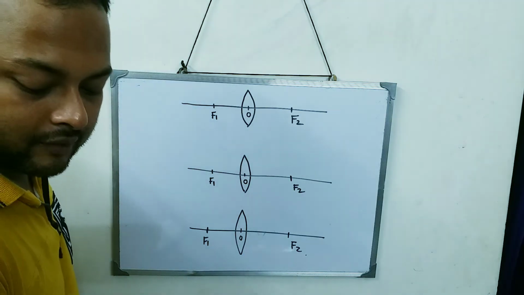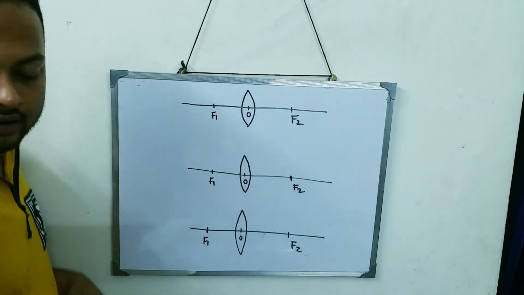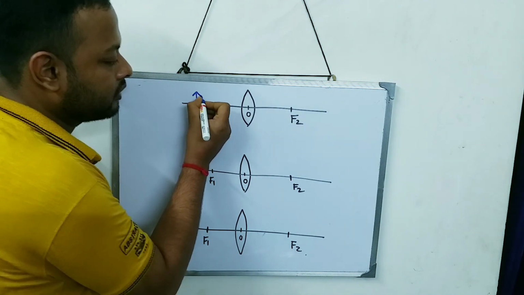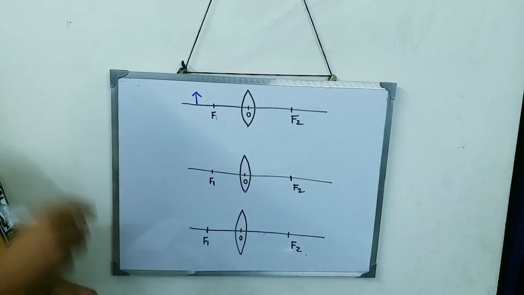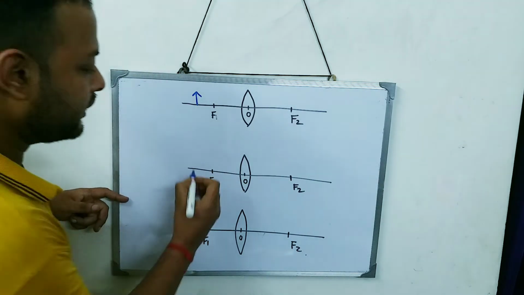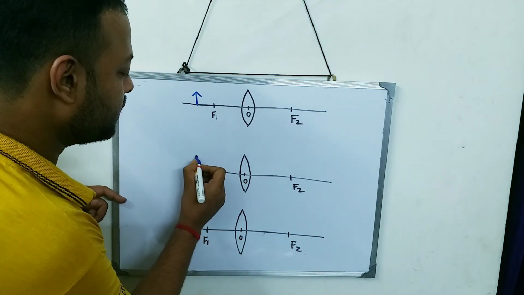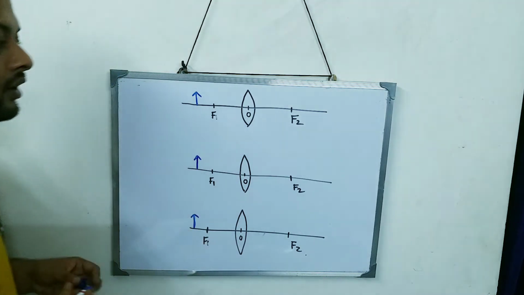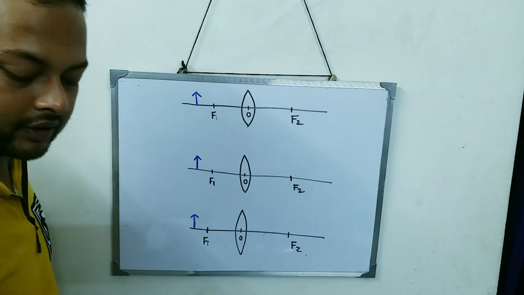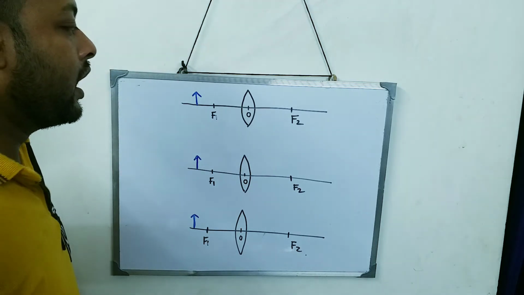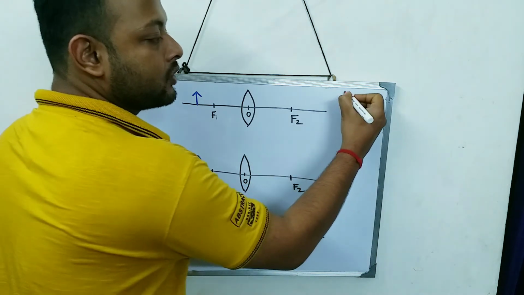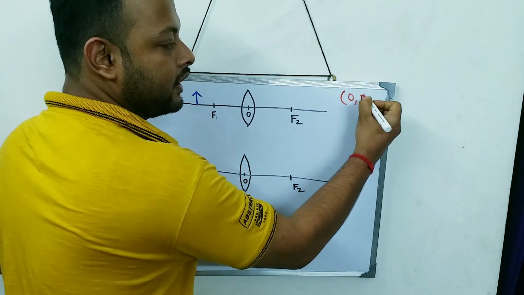Firstly, we take an object. If we take an object over here, secondly, in the second ray diagram also we take the object over here, and in the third ray diagram also we take the object in the same place. Now see what will happen over here. In the first one, I will take two points, optical center and F2.